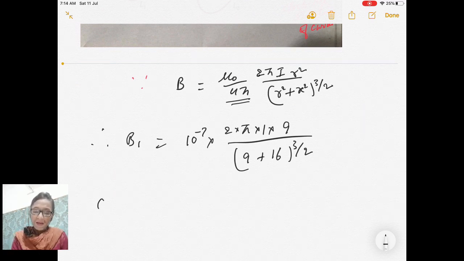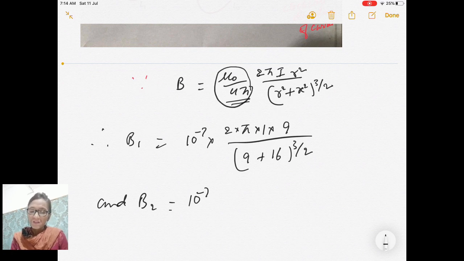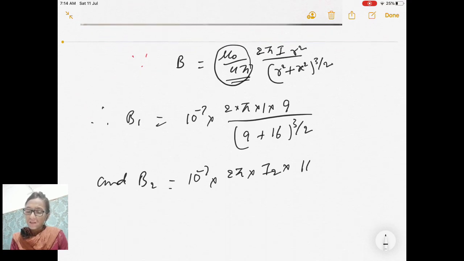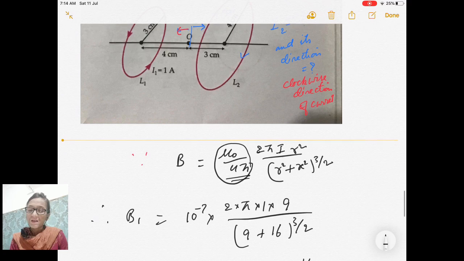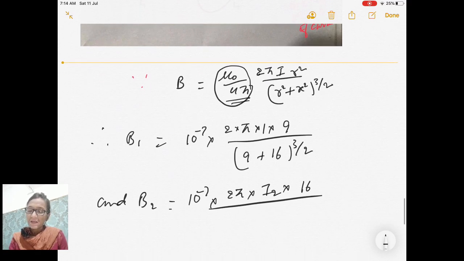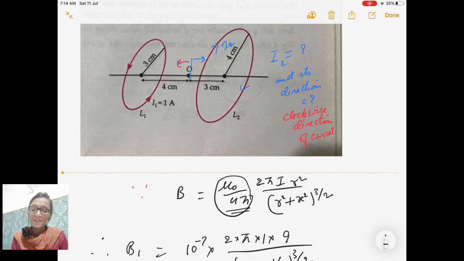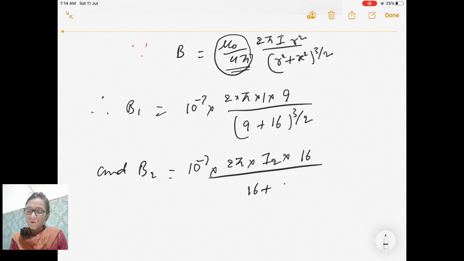This is B1, and B2 is equal to, again the same, 10 to the power minus 7, this magnetic constant will be the same, into 2 pi I2, which you have to obtain, into r square, and r is 4 centimeters. So 16 divided by 16 plus 9, whole power 3 by 2, as the distance has now changed to 3 centimeters.